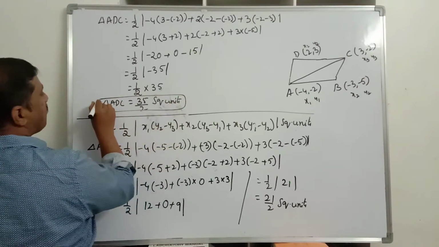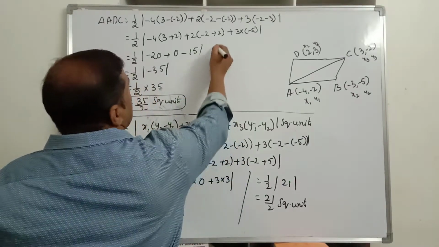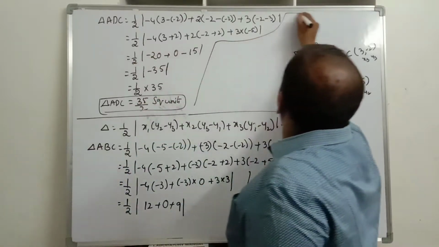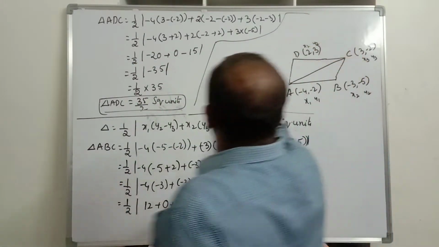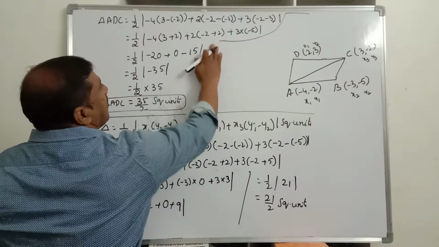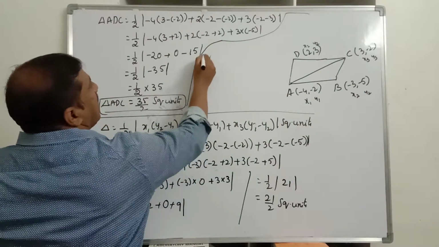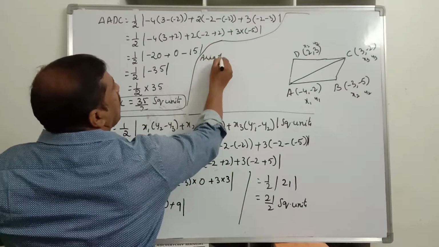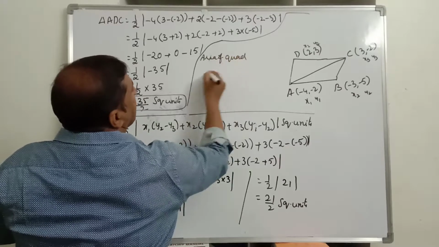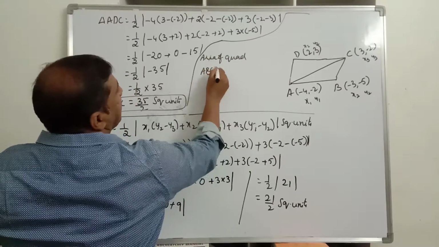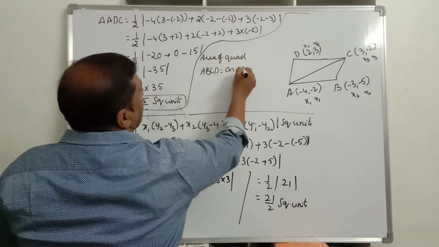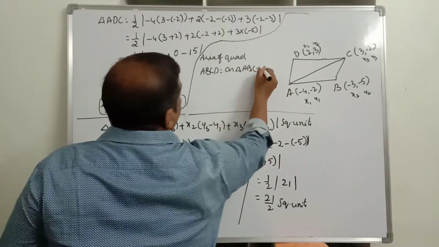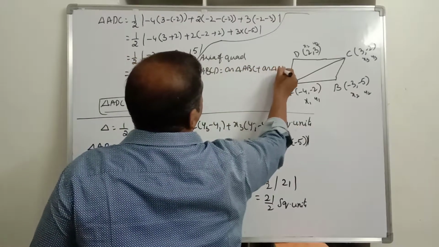Now what do we have to find finally? Finally we have to find the area of the quadrilateral. The area of quadrilateral ABCD is equal to the area of triangle ABC plus the area of triangle ADC.